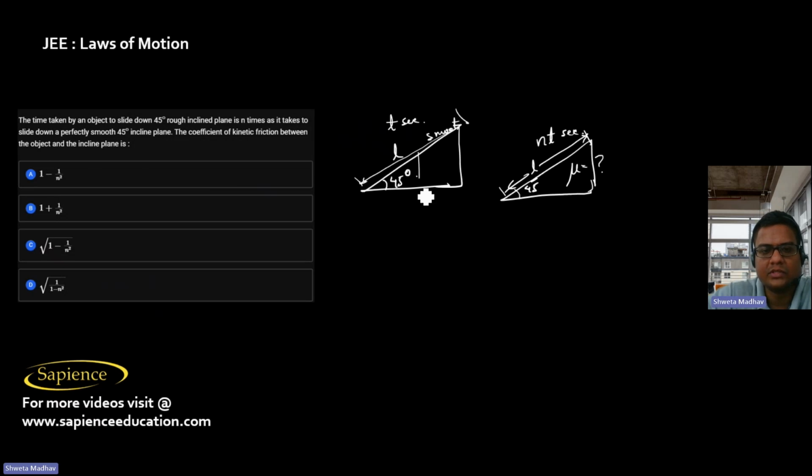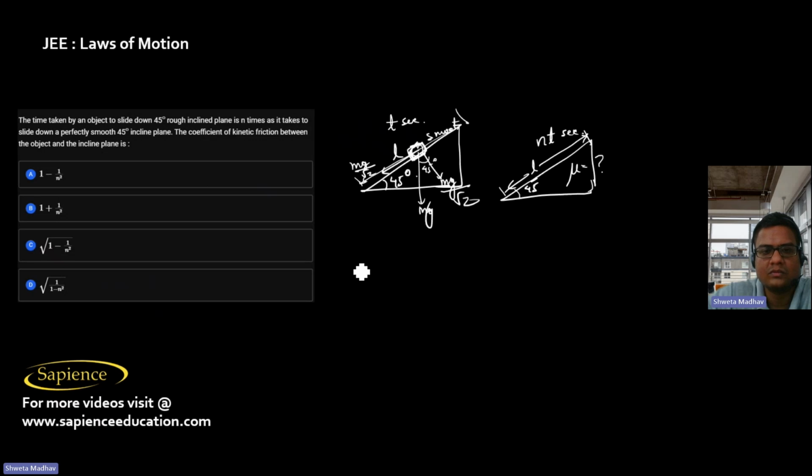So here, mg is acting on the object, and this is theta, which will be 45 degrees also. So this is mg cos 45, mg by root 2. Here also this will be mg sin 45, that is mg by root 2.